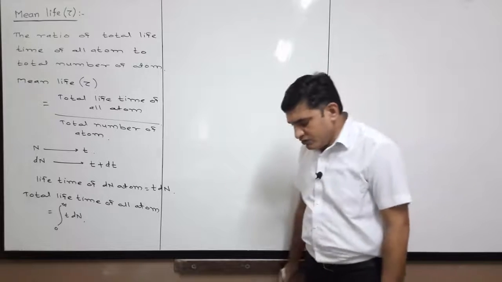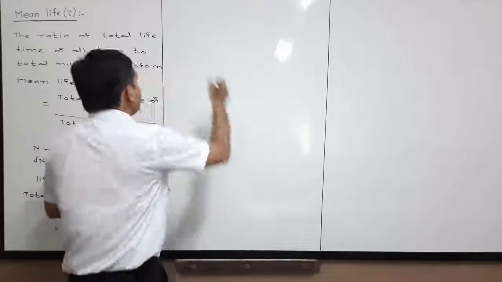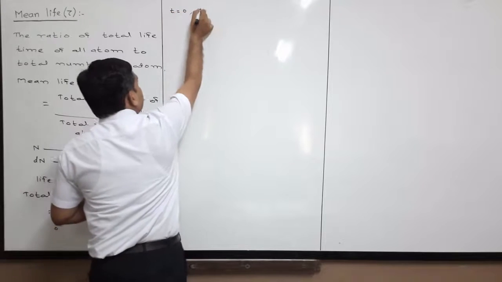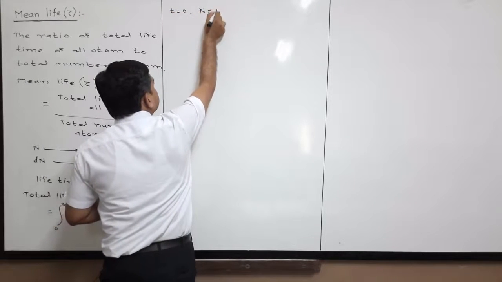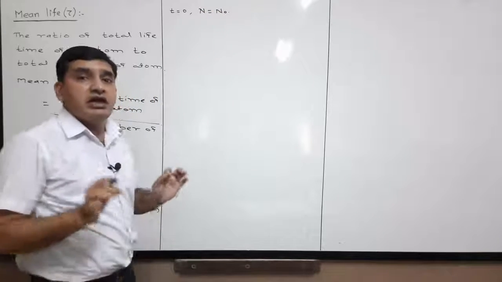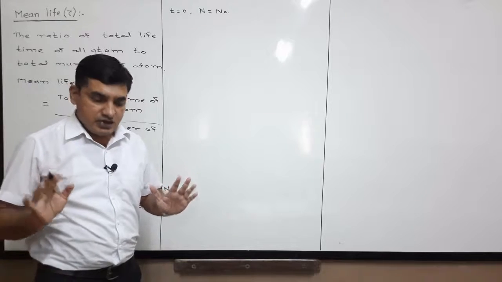Now we know that when time t is equal to 0, the number of radioactive nuclei N is equal to N0. So N0 is the total number of atoms.